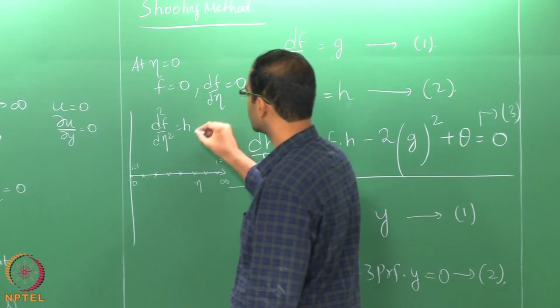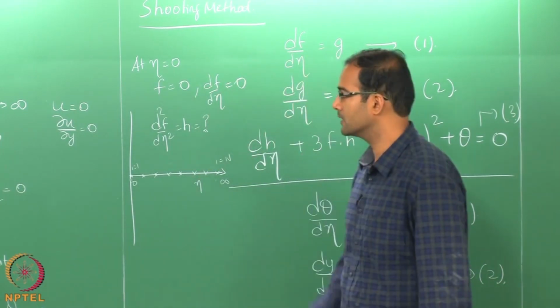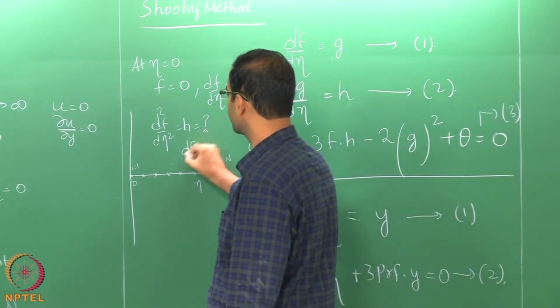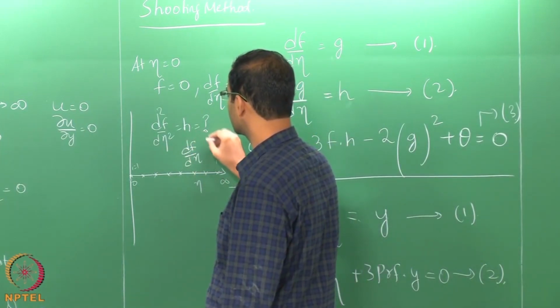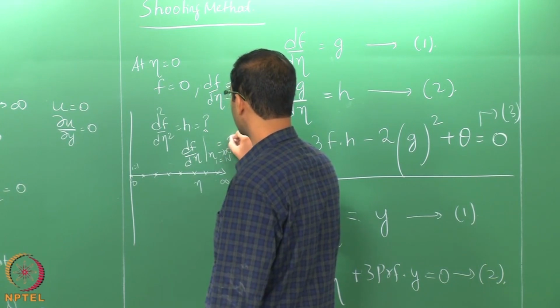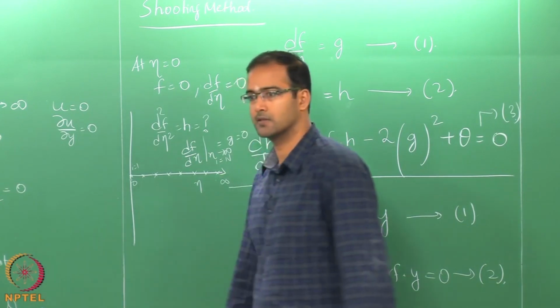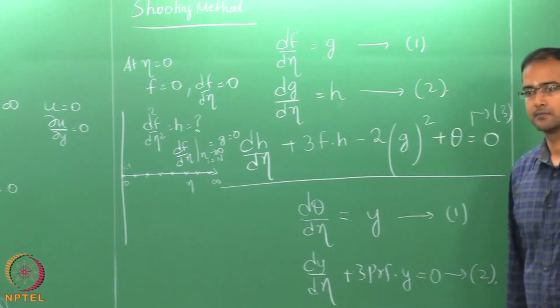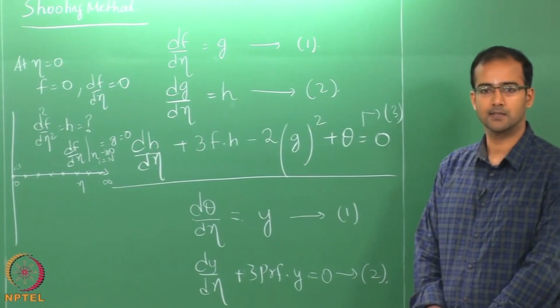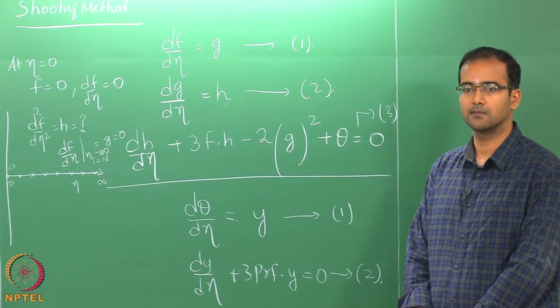at eta equal to 0 is unknown, but what we know is df by d eta at eta going to infinity, that is, we know the boundary condition for g, which is equal to 0. This is like your Blasius solution again, where you have df by d eta equal to 1.